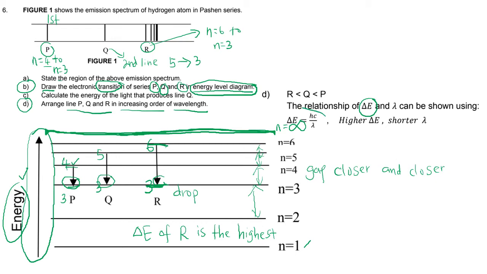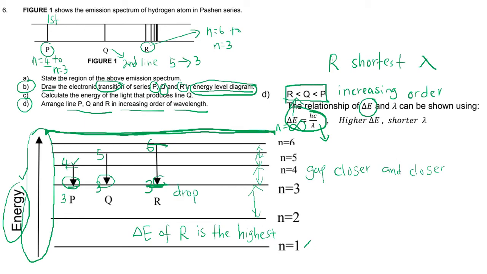Then we use this formula: the higher the energy, the shorter the wavelength lambda. So R has the shortest wavelength, and the question asks us to arrange in increasing order. So that's why the arrangement is R, Q, and P.